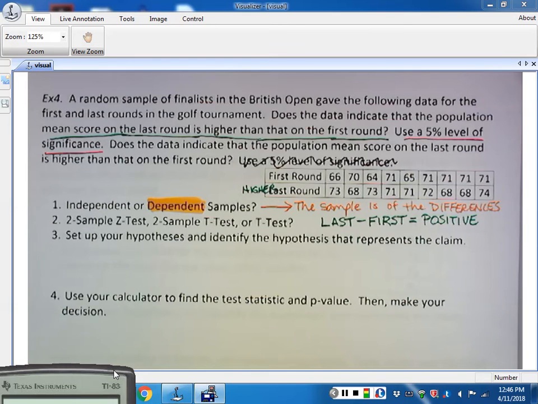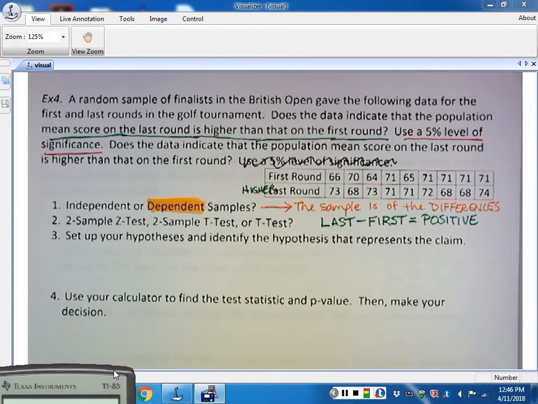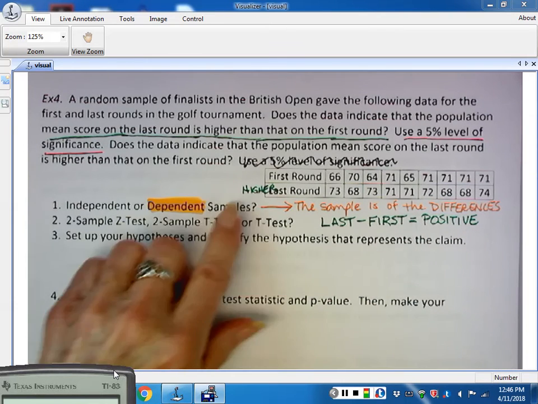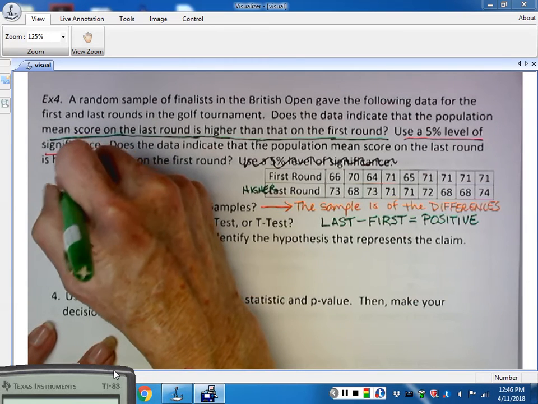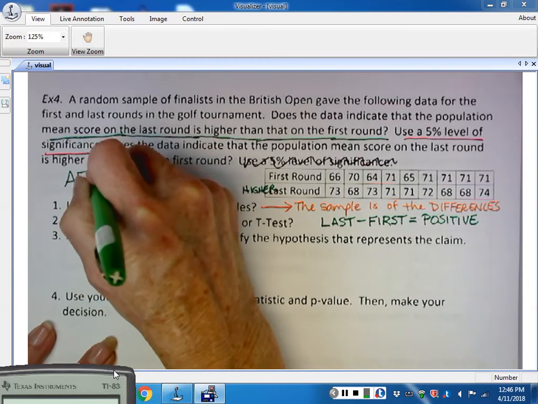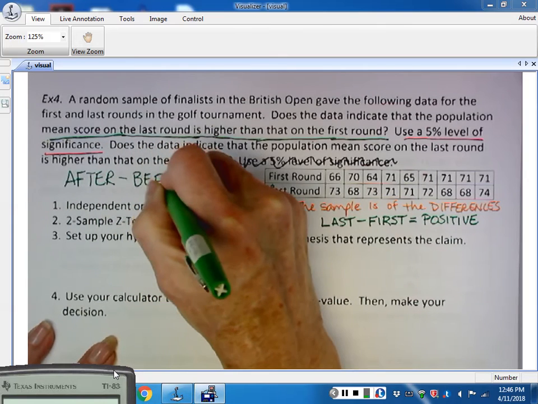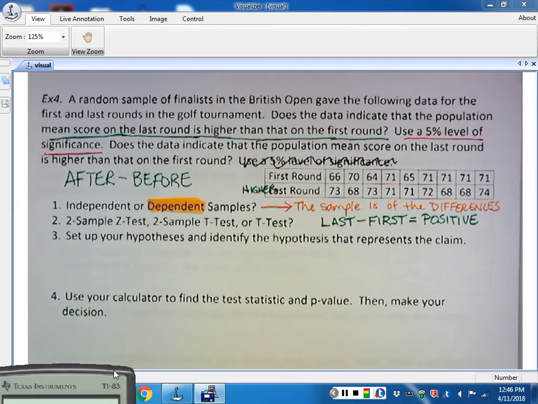Now, if you wanted to turn it around and do first minus last, you could do that, but then you're looking for the differences to actually be negative. So that's why it's very important, and the conventional way that you're always going to do differences is always going to be after minus before. It's always going to be the last set minus the first set. That'll keep you from getting mixed up.